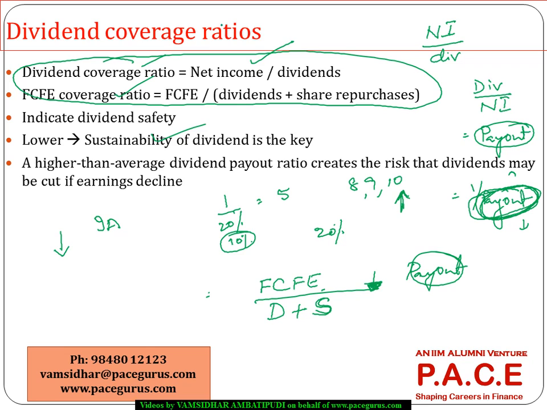These ratios don't talk about the proportion of dividend the company is paying; they deal more with the sustainability and stability of the dividend, whether the company can really give that much dividend each year. If their dividend payout is much more than the industry average, there is a very high probability that they will cut this dividend in a later period. So maintaining the same dividend levels will not be easy in the future. That is how I would look at the stability of the dividend metrics of the company.